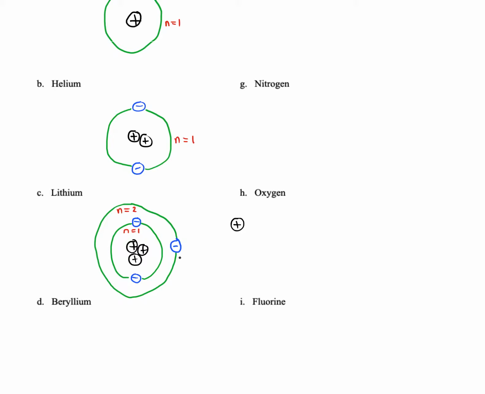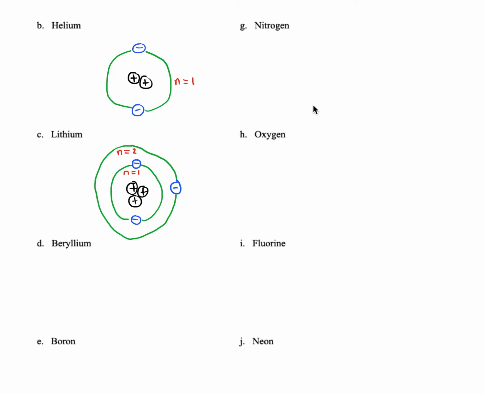It could potentially be stolen away by another positive particle, is the idea. And so lithium ends up being extremely reactive, meaning that it can interact with other compounds and other elements very readily because that electron can be stolen so easily.